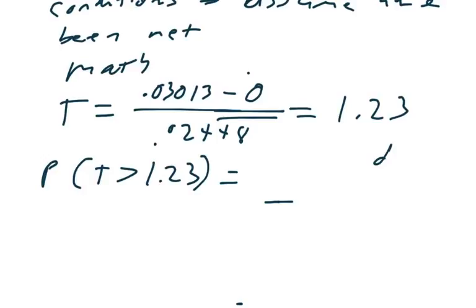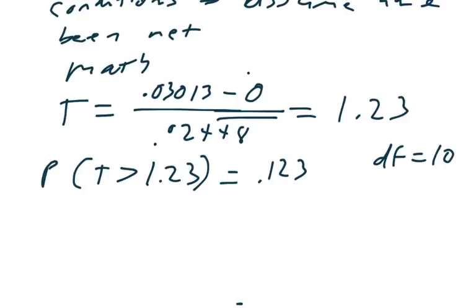Well, how many degrees of freedom? We're going to have 10. And so when I do this, we get a value of 0.123. Now you notice that's not the same p-value that they gave you in the chart.